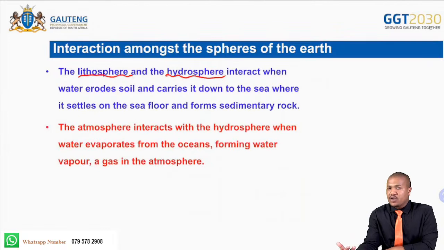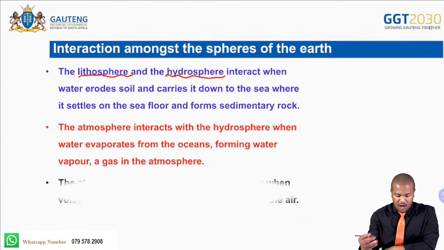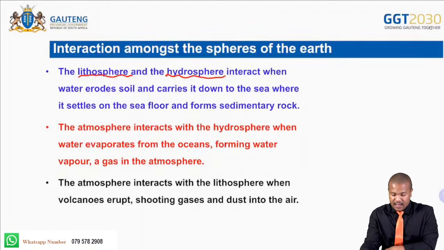Then you have the atmosphere, which is the layer of gases, right? It interacts with the waters, our hydrosphere, when the water evaporates from the oceans, forming water vapor, which is a gas in the atmosphere.